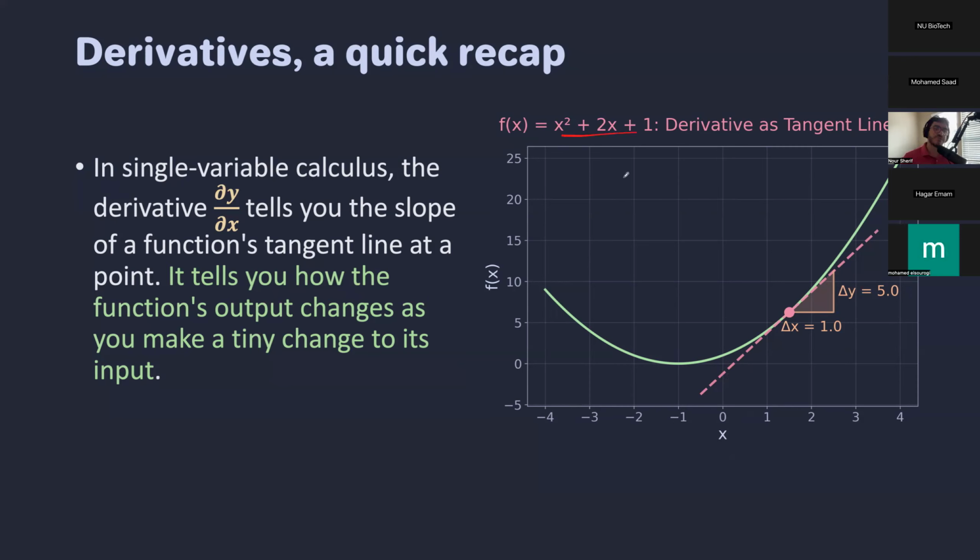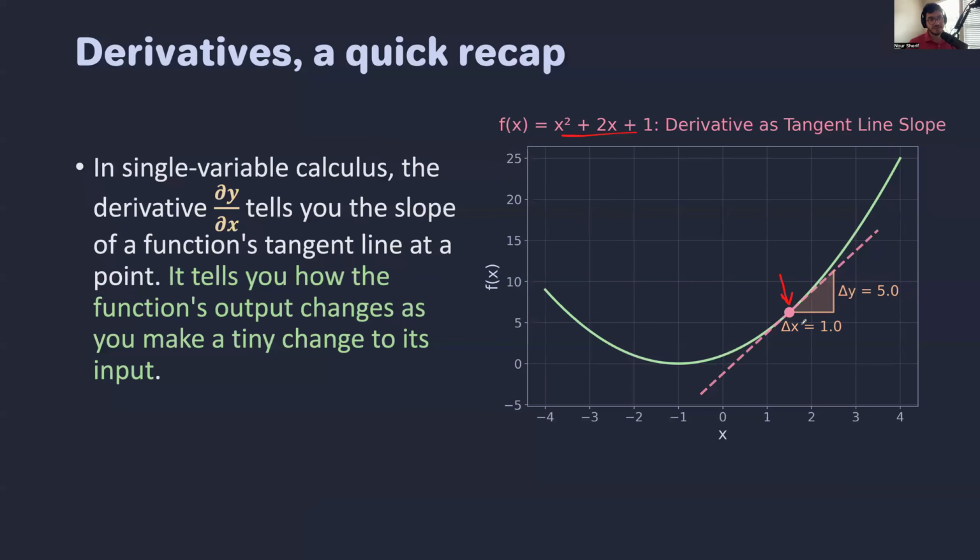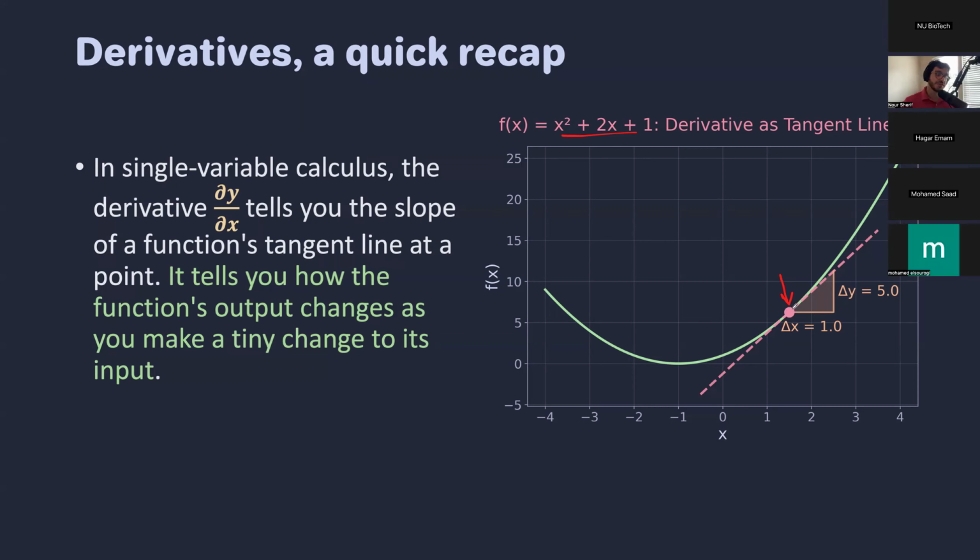Not really going to go into math here, but intuitively, the derivative means that if you take a single point on this curve and draw a tangent line to that point, the slope of that line, which is delta y over delta x, tells you the rate of change of the function, or the change in the output of the function as you change x by a small amount.